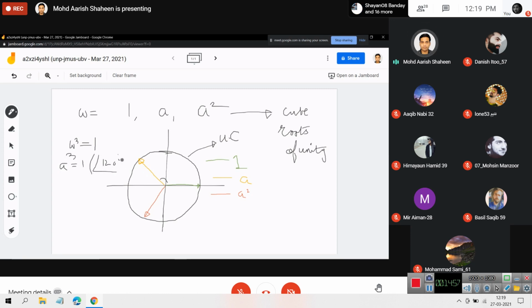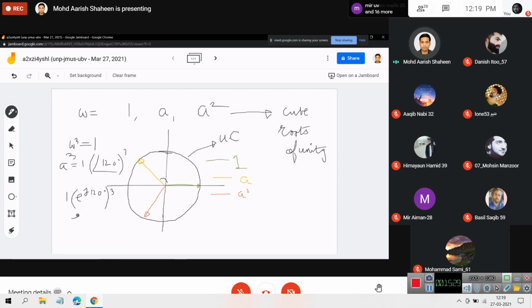This raised to power 3 किसके बराबर है? Angle of 120 raised to power 3. What is its value? Shabash. 1 at an angle of 360 degrees. ये angle 120 का क्या मतलब है? It is basically e raised to power j120. ठीक है, इसको आप raised to power कर रहे हो 3.